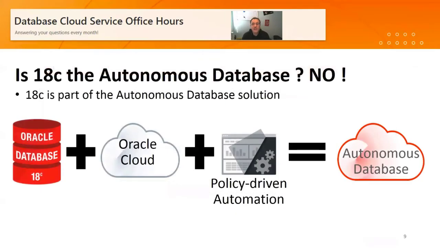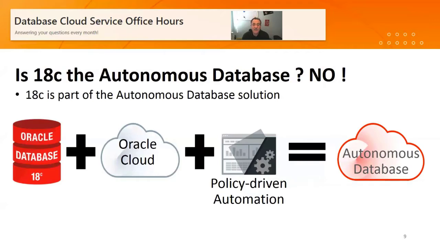And a question I've been getting very often, even internally inside Oracle, they say, well, 18c equals autonomous database. Is 18c the autonomous database? And the answer is no. 18c is a 12.2 database with the new numbering. So underwater, it's a next release of 12.2.